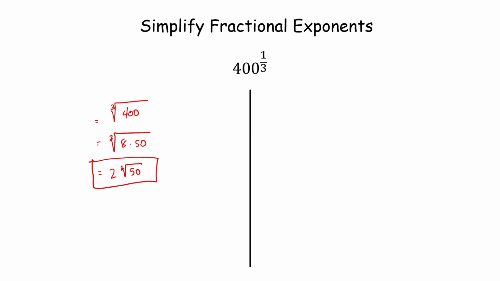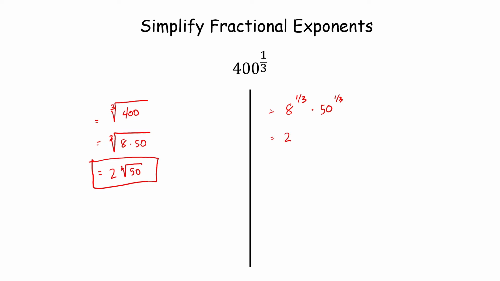Also, we can express 400 as a product of factors, and then think about the perfect cube factor of 400. The reason we're looking for a perfect cube factor is because it's raised to 1/3. So we can express that as 8 raised to 1/3 times 50 raised to 1/3. 8 raised to 1/3, as we all know, is equal to 2.